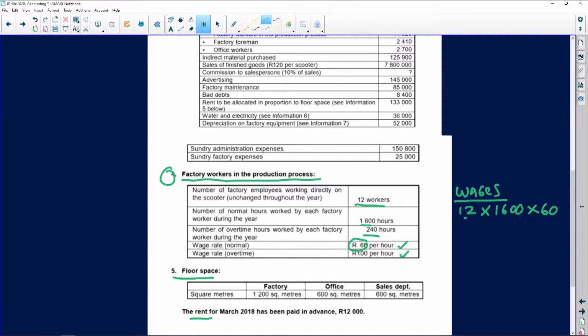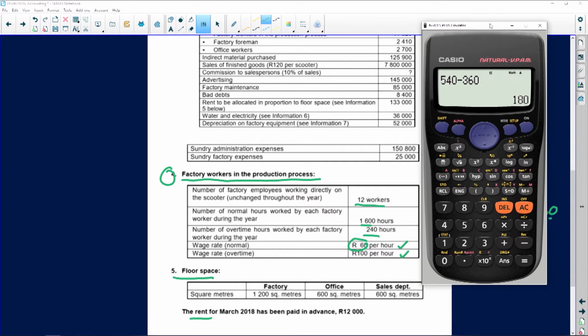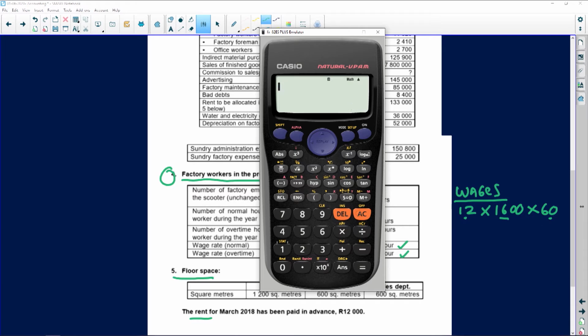Right, so we've got 12 workers who worked for a total of 1,600 hours. And for each hour, they earn 60 Rand. So let's calculate first their wages. And let's get the calculator out. Okay, so we've got 12 times 1,600 times 60.